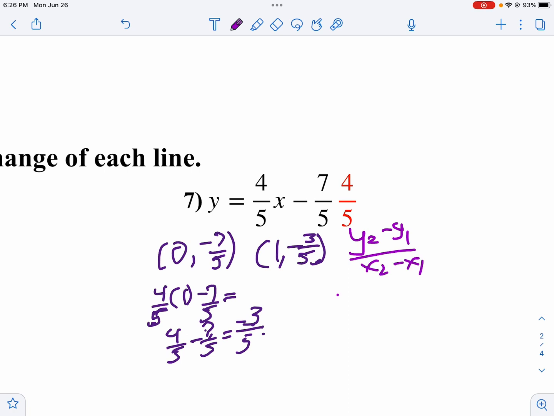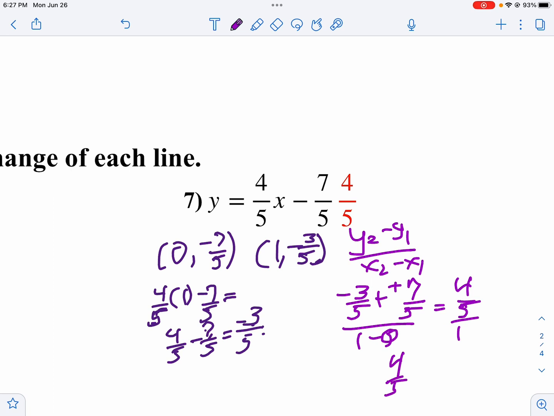So we're going to say negative 3/5 minus a negative 7/5 over 1 minus 0. Well, remember, when you subtract a negative, you get 4/5 over 1. A number divided by 1 is always just the number, so we get 4/5.